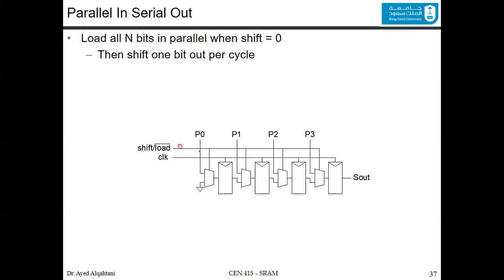So you load the value, B0, B1, B2, and B3, and it becomes stored inside the flip-flop after you give it 1 clock cycle. And then after this, you change this value to 1, and now you will shift. You will shift the result into the output. Every time you have a clock, you will shift 0 inside, as you can see indicated by this value. So you have a 0 and you shift them out into the output.